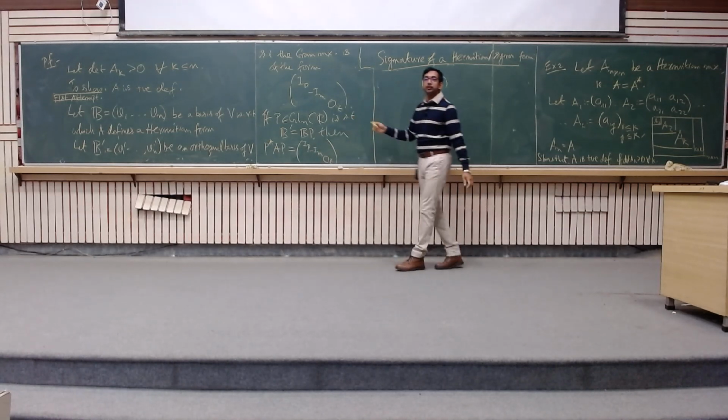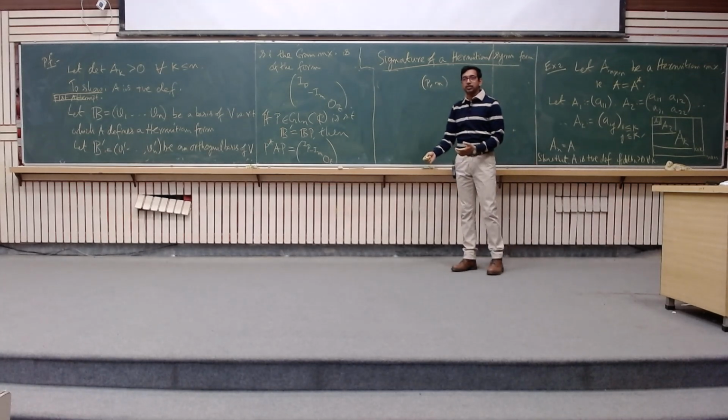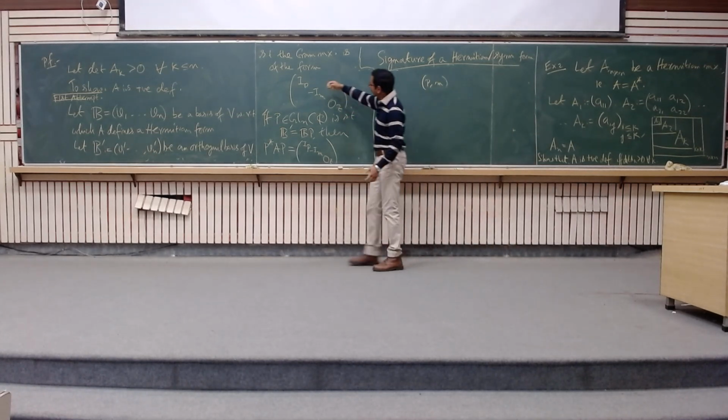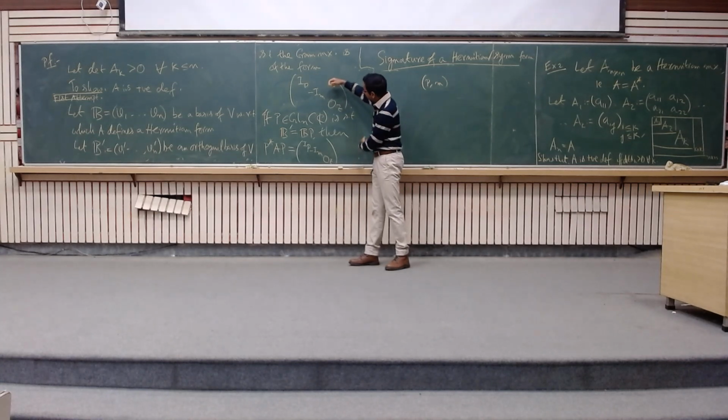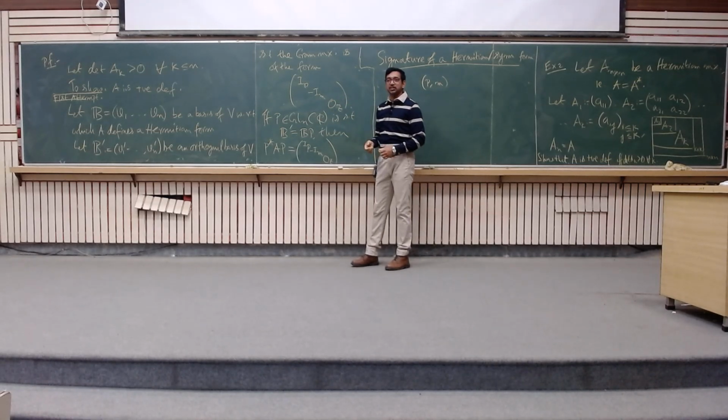Because given a Hermitian form, you can get an orthogonal basis of that, and we have shown that for some basis you will have such a thing where this p, m, and z are well defined. It doesn't depend on the choice of the basis. You still have some part of the proof left as an exercise, but that's doable.